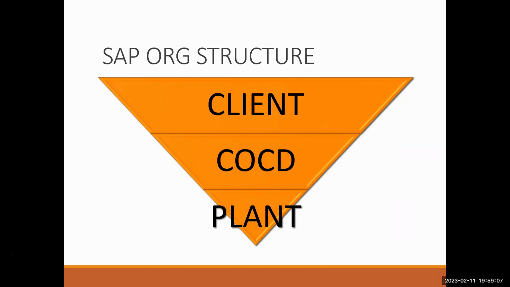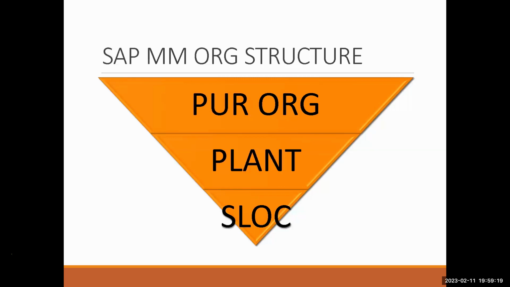If someone asks what the organization structure in SAP MM is, in MM we don't have client and company code. Our organization structure starts with purchase organization. Purchasing is the top level, so purchasing organization is the top organization structure of SAP MM.